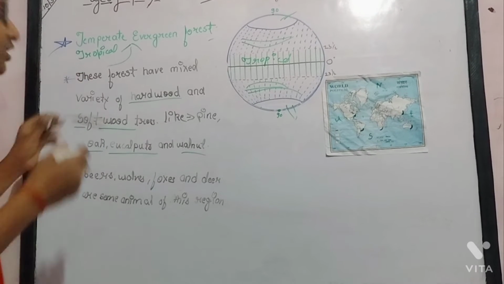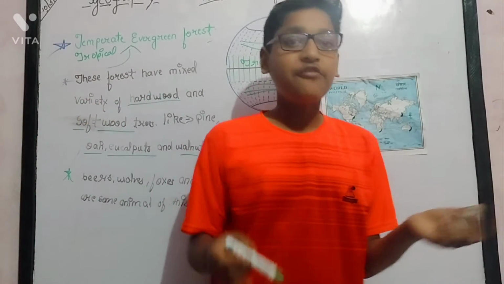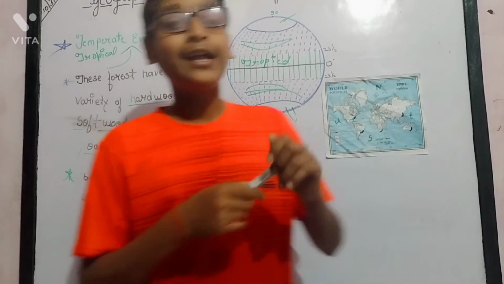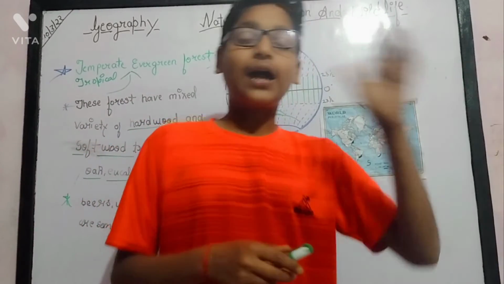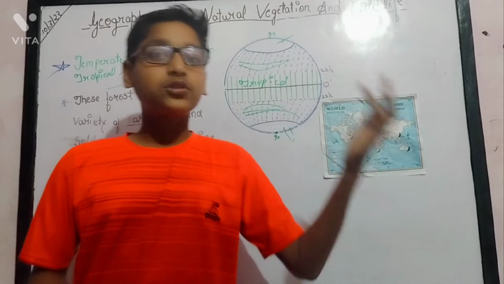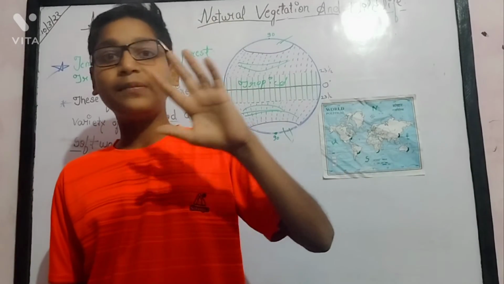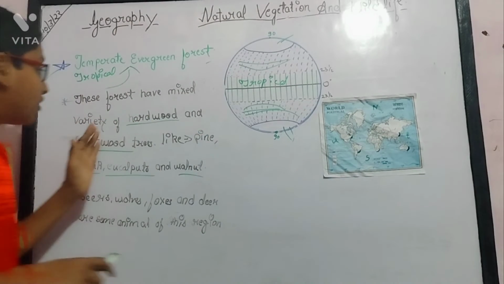What is hardwood and softwood? Whether the pulp of a tree is soft or hard determines if it is softwood or hardwood. If the pulp is soft, it is softwood, and if the pulp is hard, it is hardwood.